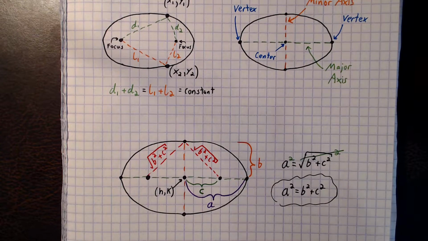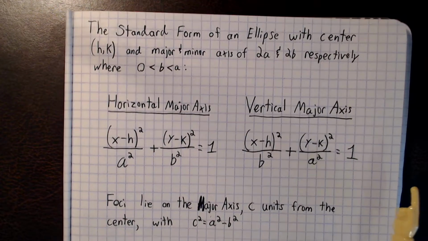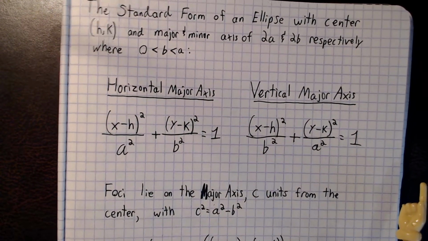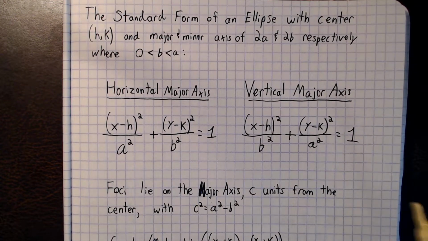Pretty easy to work with as far as visually going. There's a formula right here. In fact, there are two. As I mentioned, you could have a vertical or horizontal major axis. So let's see what this says.